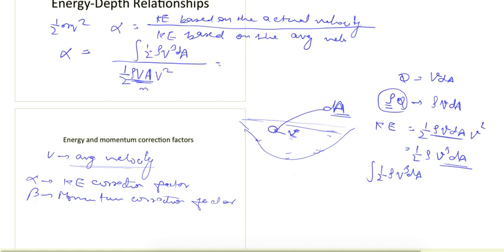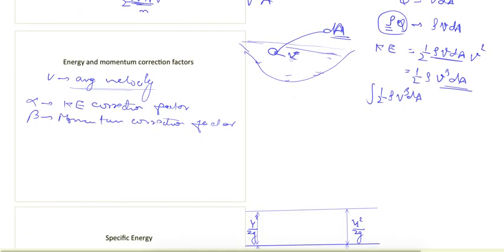If we are talking about water, the density of the fluid will be constant, so we can write it as the integration of v cube dA divided by V cube A. This is alpha.